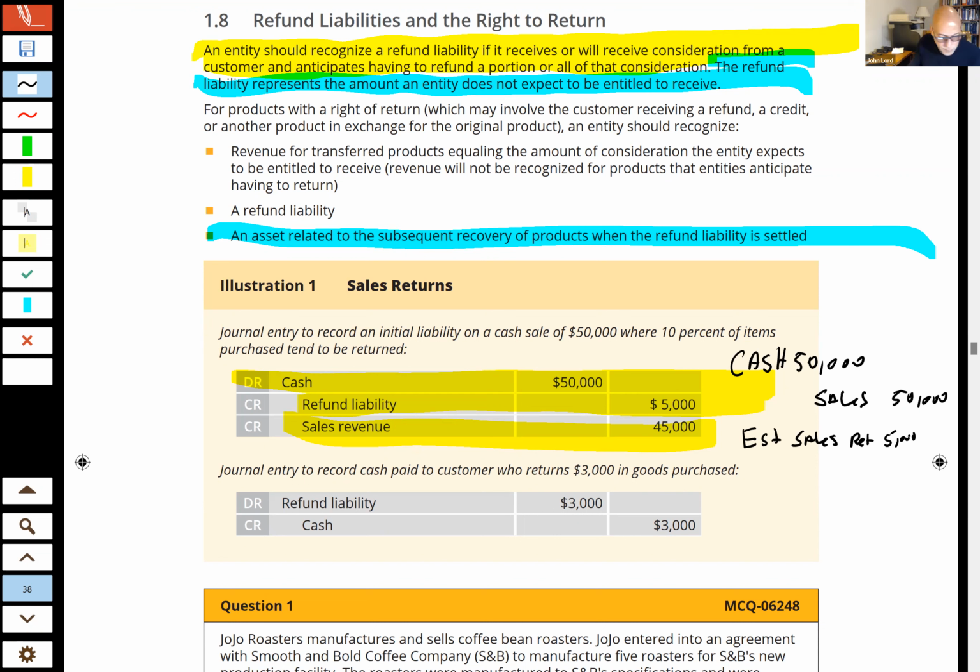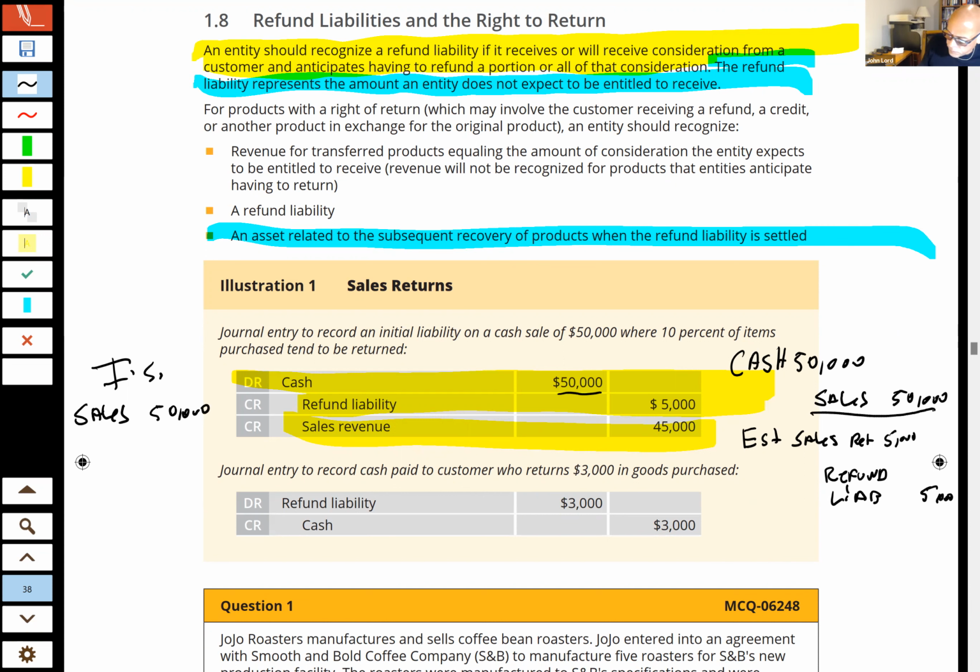And then credit that refund liability for 5,000. Okay. And then when you prepare your income statement, you'll have sales of how much? 50,000, right?